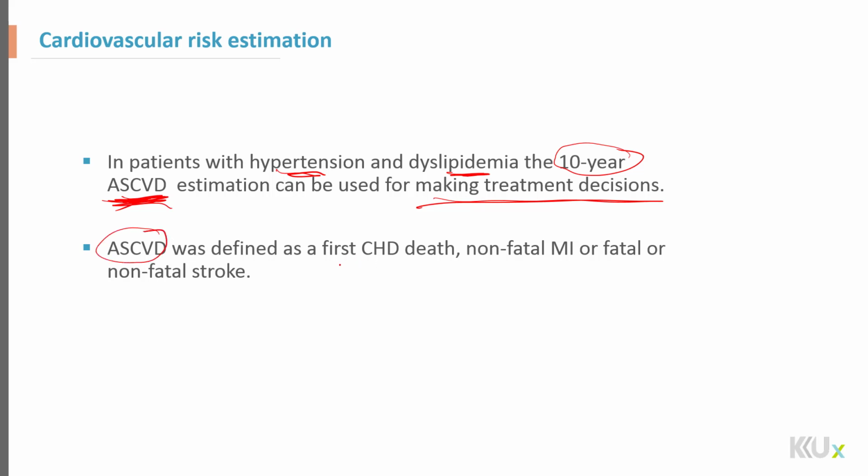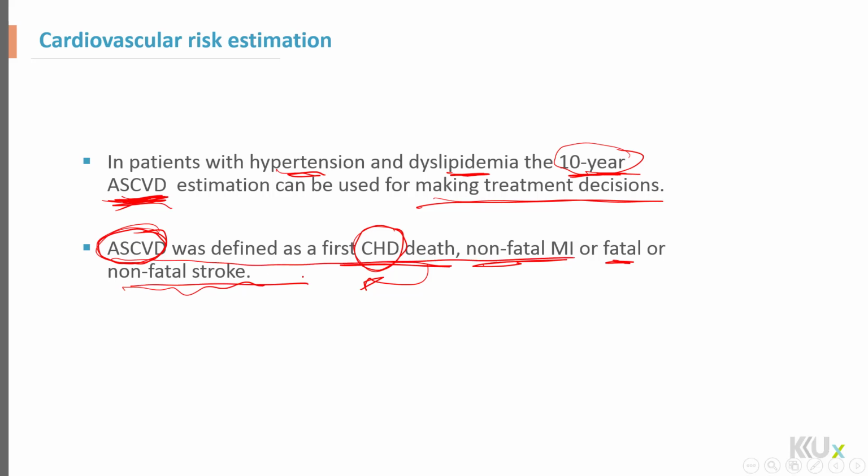So what is atherosclerotic cardiovascular disease? It is defined as the first CHD death, that means death due to coronary heart disease, non-fatal MI, or fatal or non-fatal stroke. So this is what we mean by ASCVD. You can calculate your 10-year risk of getting these outcomes or diseases.